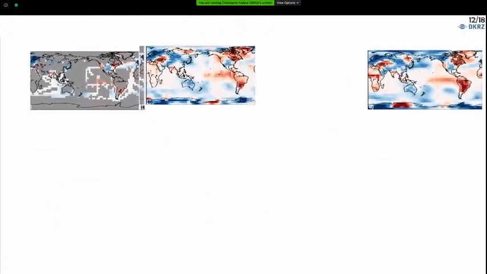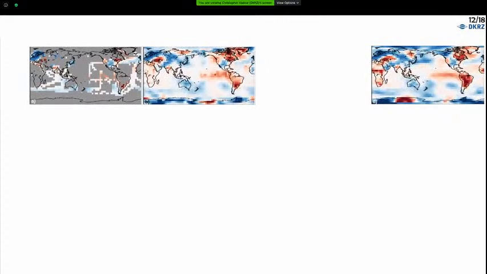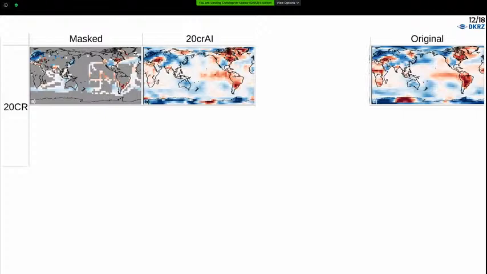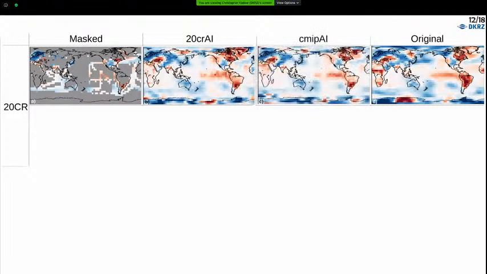So that was the reconstruction with the 20CR AI. It is a 20CR data set, and the AI is trained with that data set. The important question was whether the CMIP AI, the one trained with a completely independent data set, is also able to reconstruct that picture.